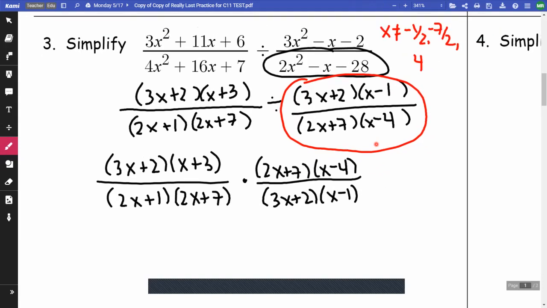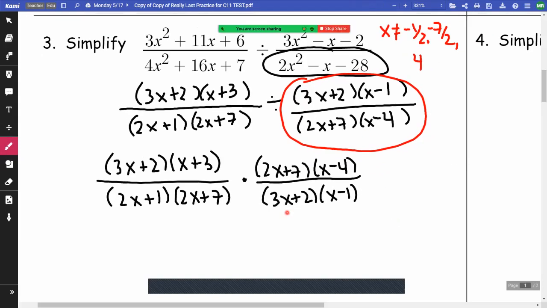So now I have some new denominators. I have this one here, which cannot be -2/3, and this one here, which cannot be 1. So I've got 5 different restrictions for this one.